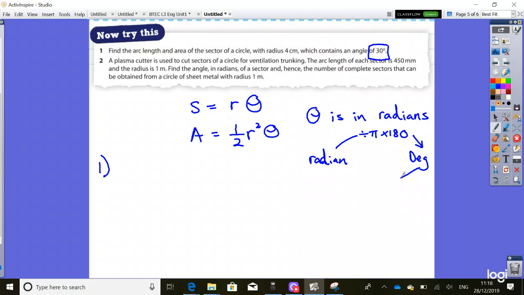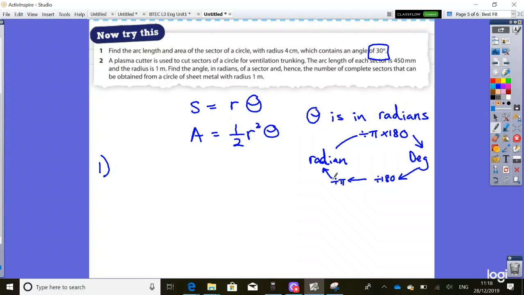Otherwise, if you're going from degrees into radians, you divide by 180 and then times by pi.